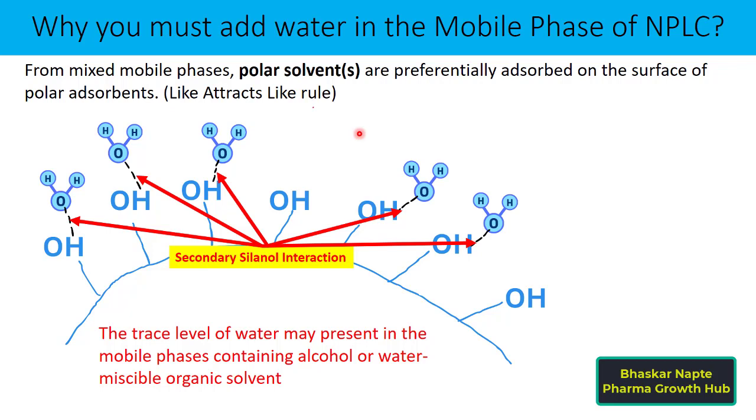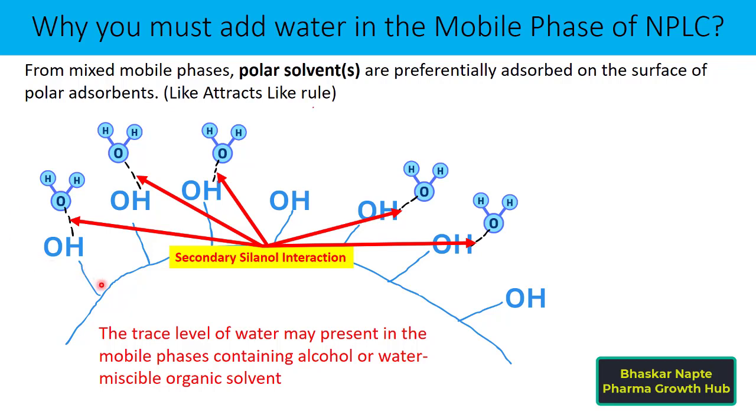So polar solvents like methanol can easily be preferentially adsorbed onto a polar stationary phase containing silica or silanol groups. But sometimes these polar solvents are also miscible with water. Methanol may contain a little amount of water, ethanol may contain a little amount of water, and this trace level of water may get adsorbed onto these highly polar adsorption centers.